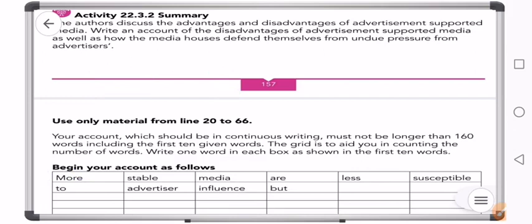More stable media are less susceptible to advertiser influence, but then what disadvantages? Solutions, you can just give the solutions. But always remember that you are going to use the materials from line 20 up to line 66 to write your summary. This is very, very important.